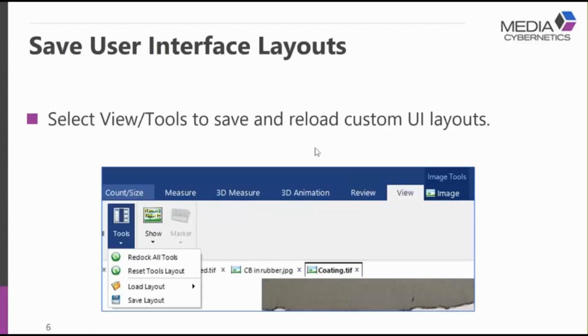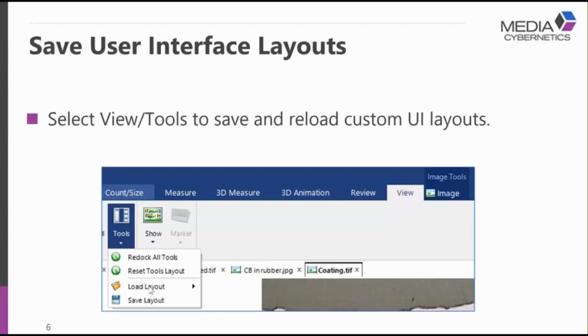Saving user interface layouts. Just as a reminder, under the view ribbon, in the tools group, you can load and save layouts. There are a number of layouts already included, but you can set up where different dialog boxes show up, where the measurement ribbon or measurement dialog box shows up, or the image strip.